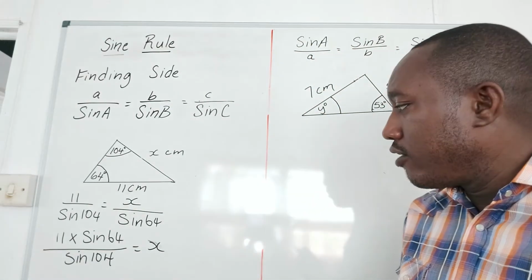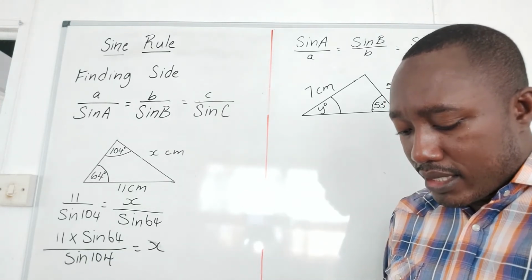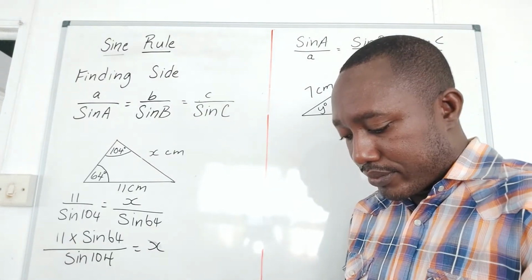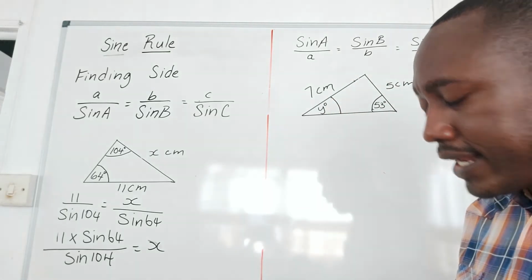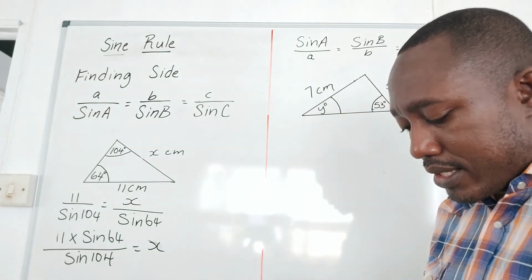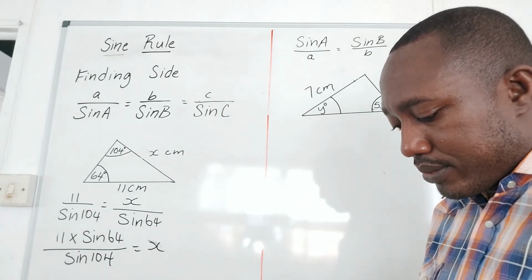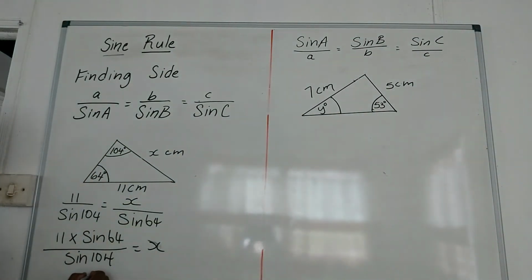So we now have 11 times sine 64, and then that we divide by sine 104, which will give us 10.19 cm is equal to x.